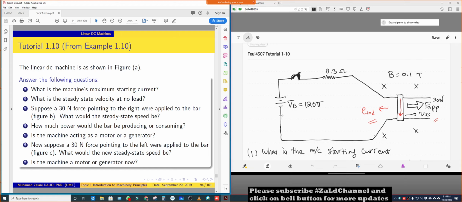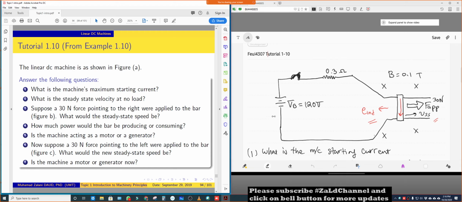If we switch on the switch, the current will flow through this resistor, then keep flowing in this bar and go back to the battery.